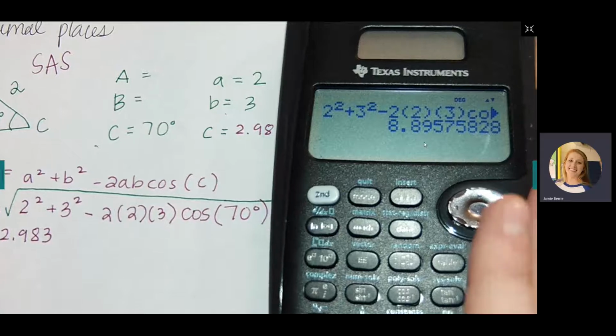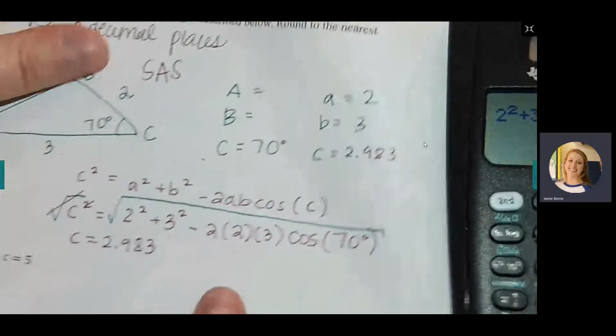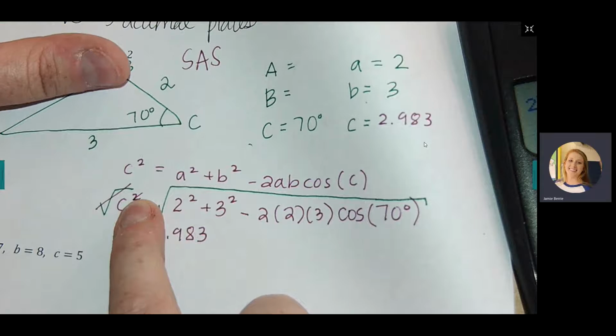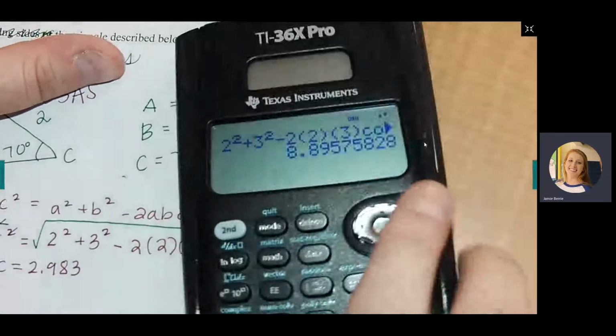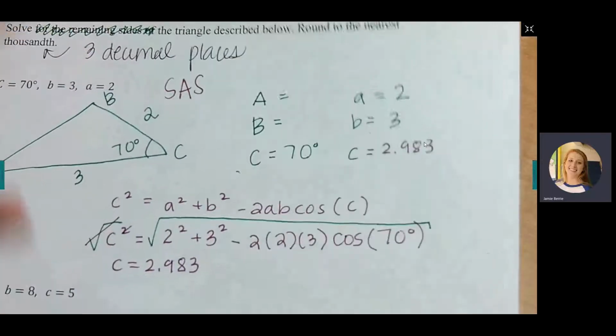It doesn't give you any kind of weird answer if you forget to take the square root. So you have to remember, I've got to get c by itself, so I have to get rid of this squared and take the square root of both sides. That is one bad thing about this: there's not going to be any red flags if you forget to take the square root. It just looks completely normal, and then that's going to mess up everything else for you.